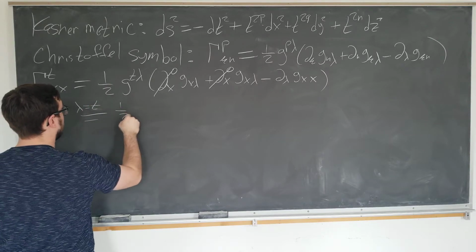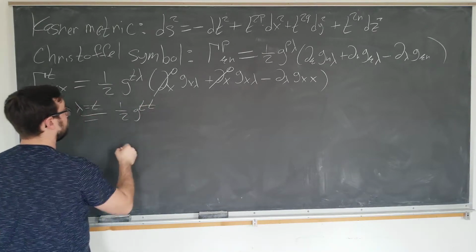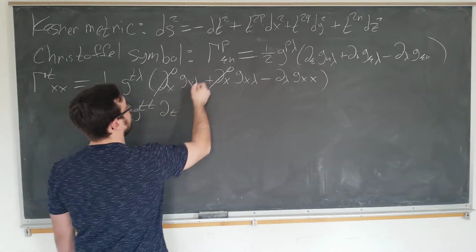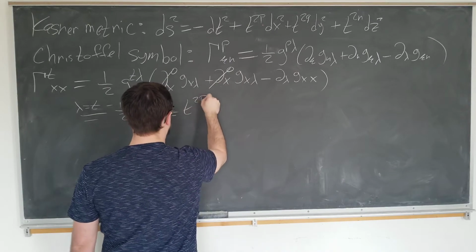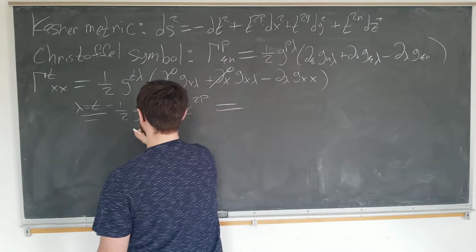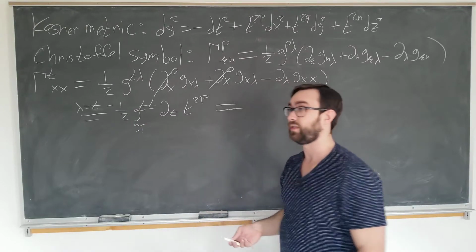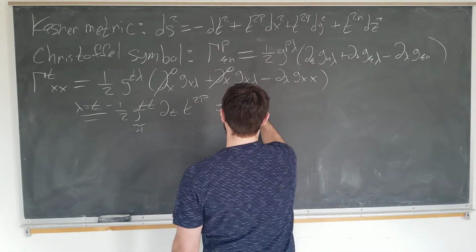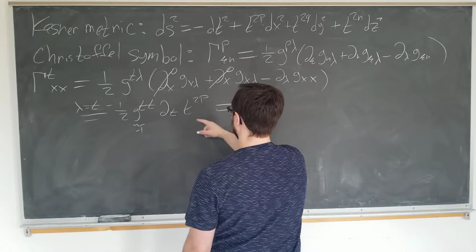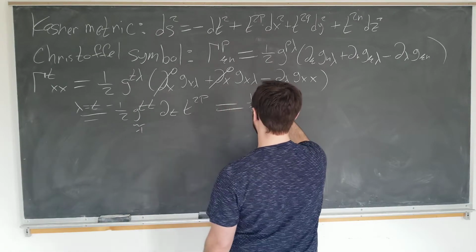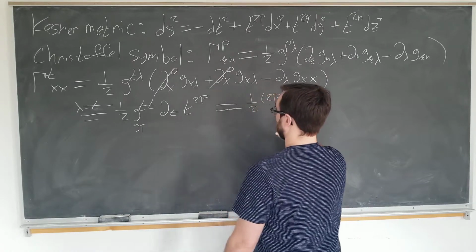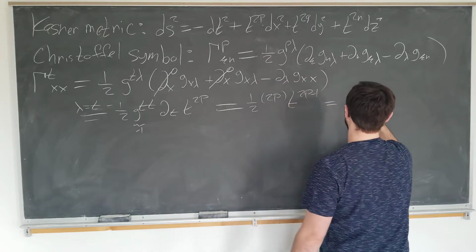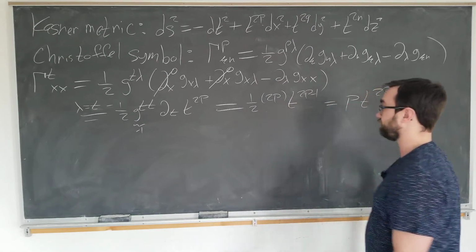So it's going to be 1/2 g^tt, which is -1 here, with lambda equals t, times the time derivative of g_xx, which is t^{2p}. The -1 and the other -1 conspire to make +1. So we just get 1/2 the derivative of this, which we compute as 2p t^{2p-1}, which is just p t^{2p-1}.